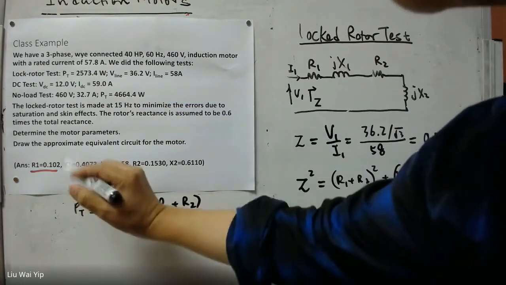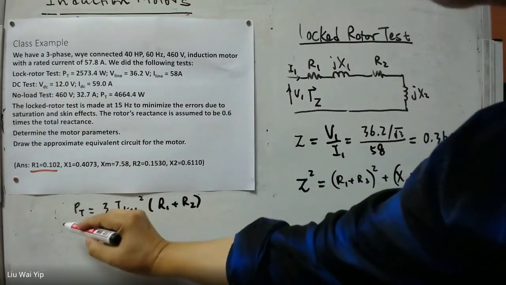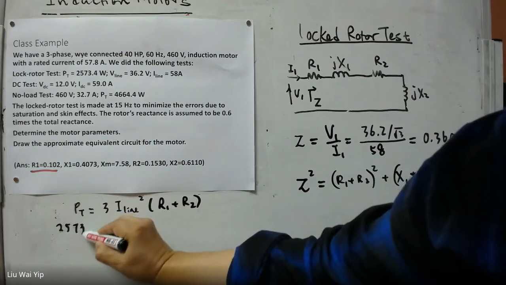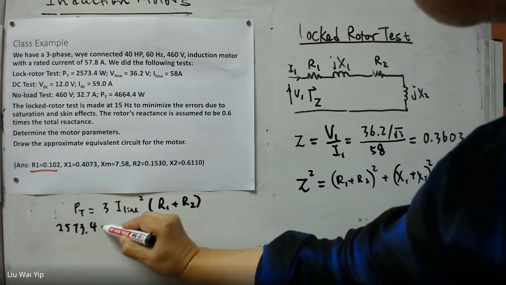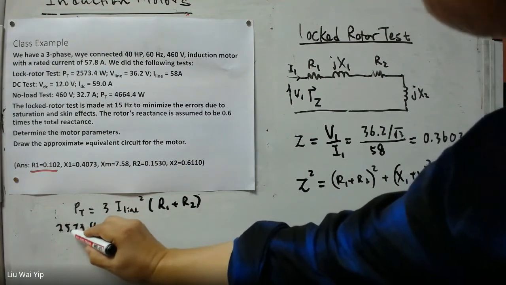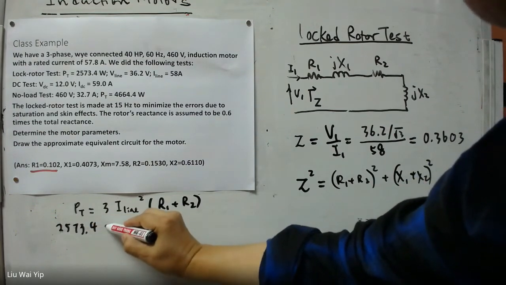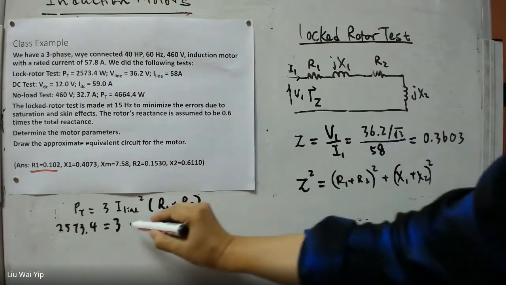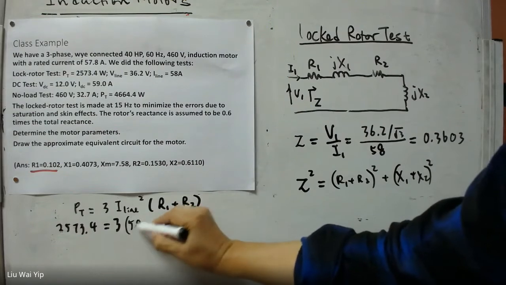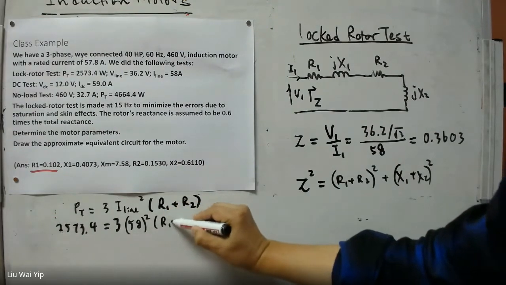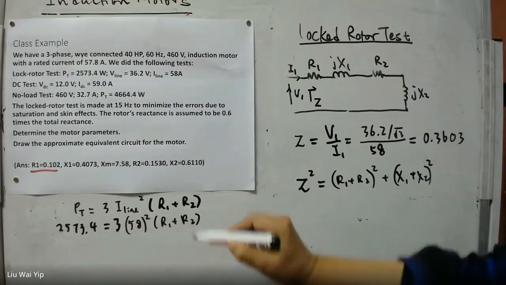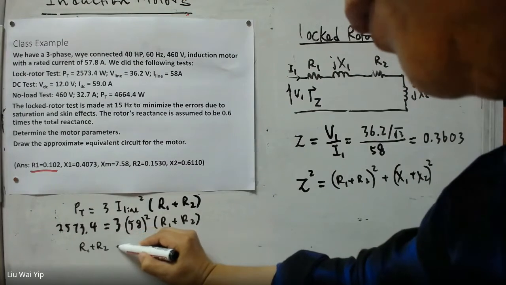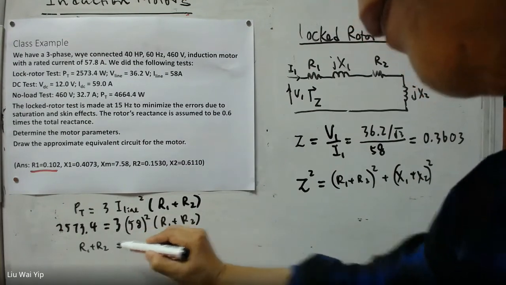The power here is 2,573.4. The line current here is 58. So if you do it carefully, you will get the value for R1 and R2 combined together.